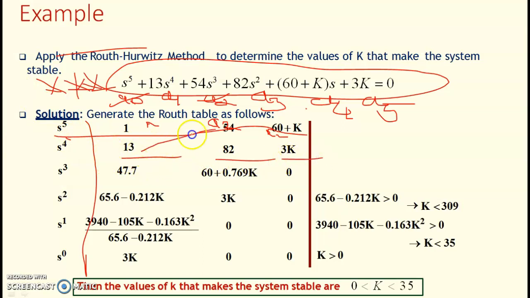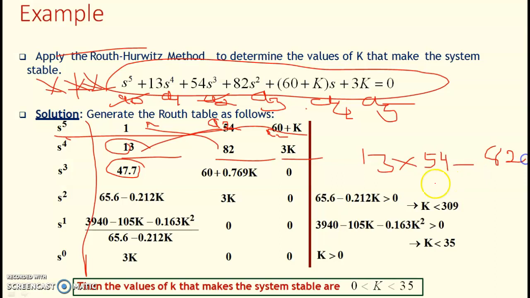Now we have to multiply 13 into 54, minus 1 into 82, divided by 13. So we'll get 47.7. How to get that: 13 into 54 minus 82 into 1 divided by 13. So we'll get this value.